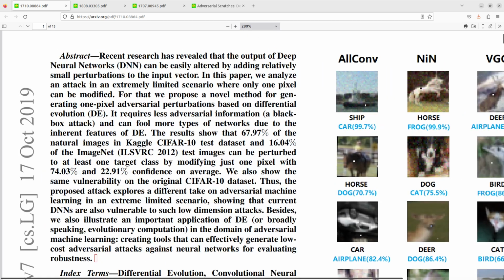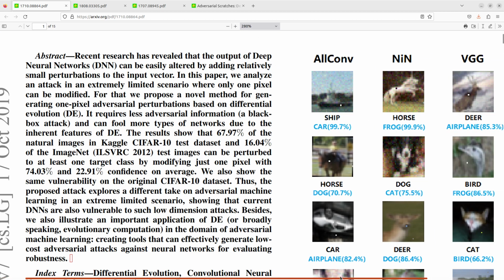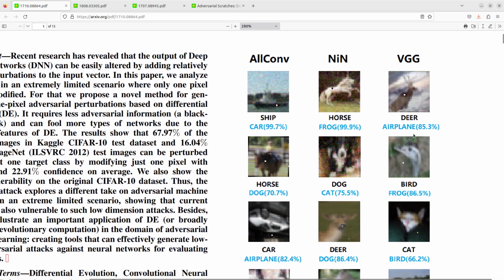Not any pixel, but 1 pixel that was very annoying for the original deep learning network. So it's not changing a random pixel, but using another deep learning network to choose what pixel in the image is most annoying for my image classification network.